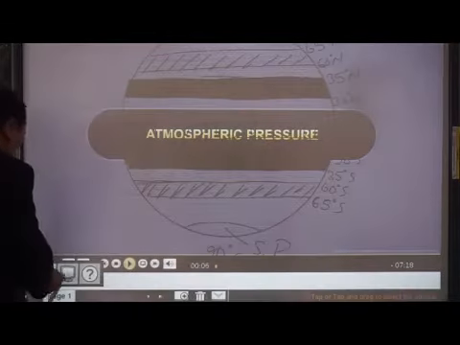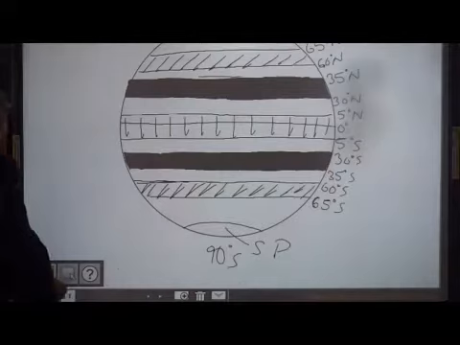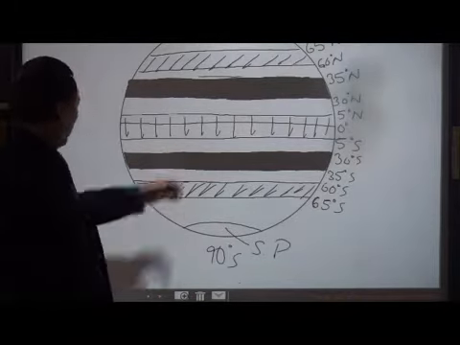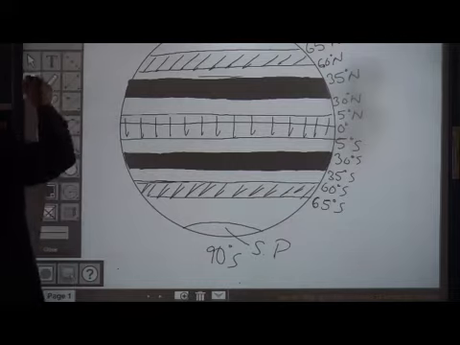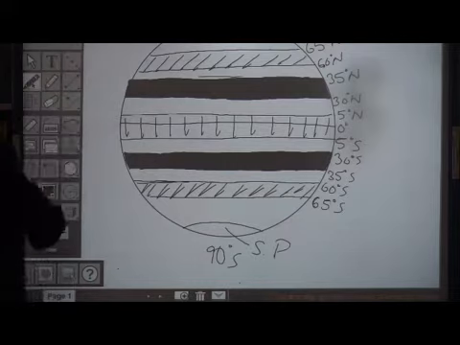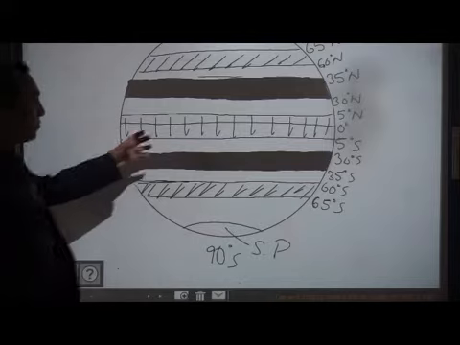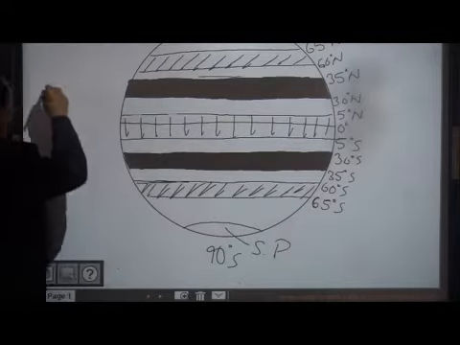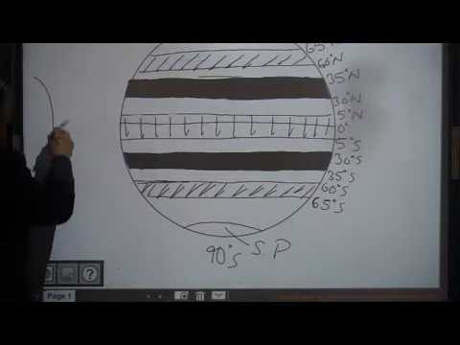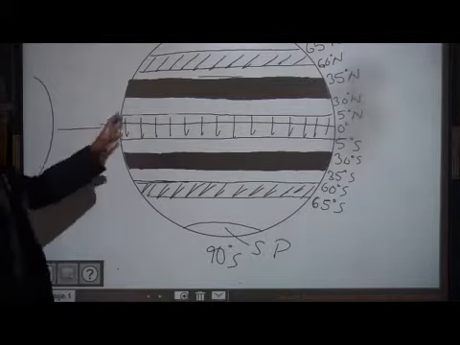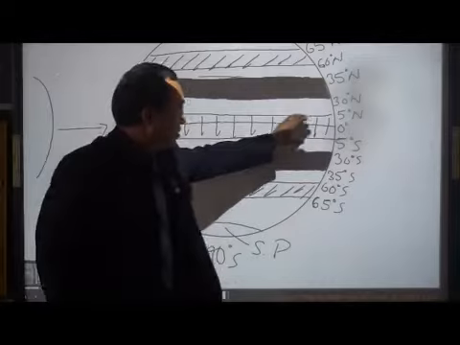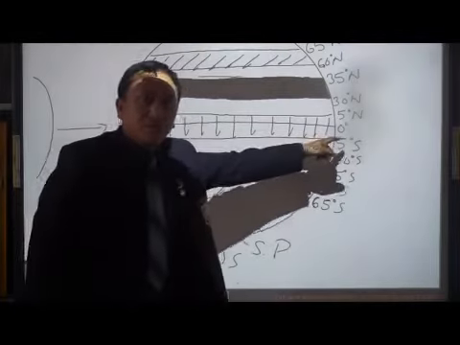Okay, I'll give you a small diagram here. Suppose the sun shines from here. When the sun shines here, this is the Equatorial Region.